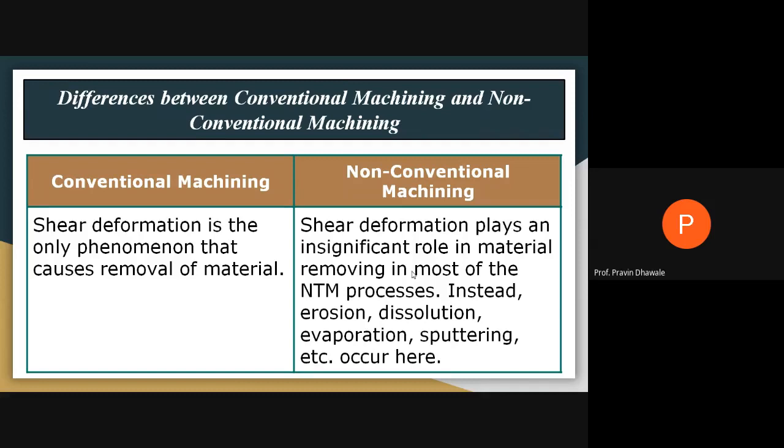These are certain kinds of phenomena which occur because of different kinds of energy like mechanical energy, electrical energy, chemical energy, and thermal energy. The role of shear deformation, which is more important in the conventional machining, is very insignificant in the non-conventional.